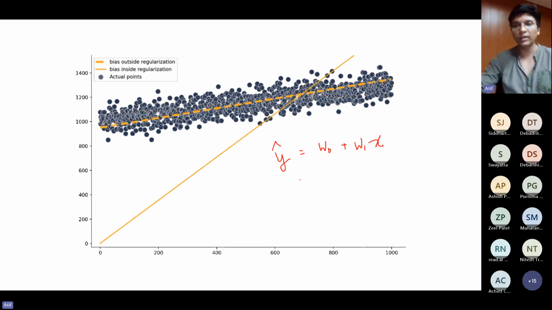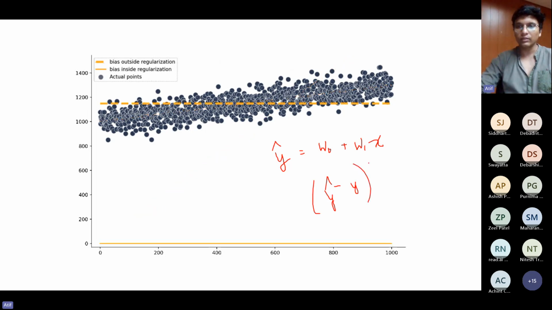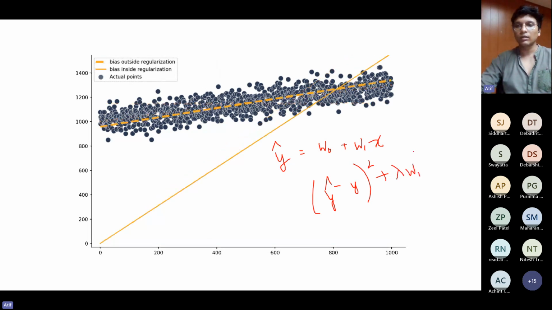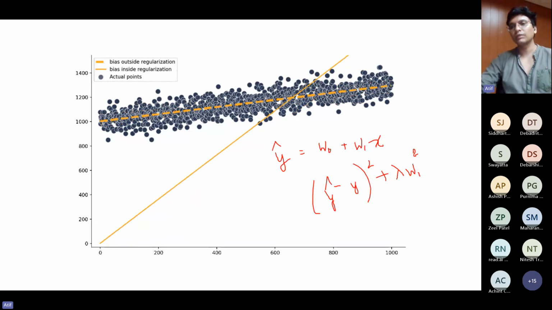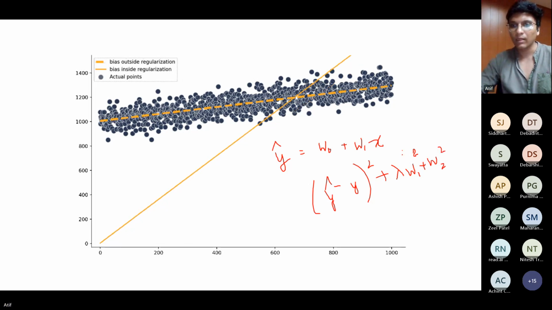You would do y cap minus y, whole square, plus lambda into w1 square. If I had, let's say, w1, w2, w3, then I would write w1 square plus w2 square plus w3 square. So you can have w2 square. This is basically the L2 norm, correct? So you have something like this.